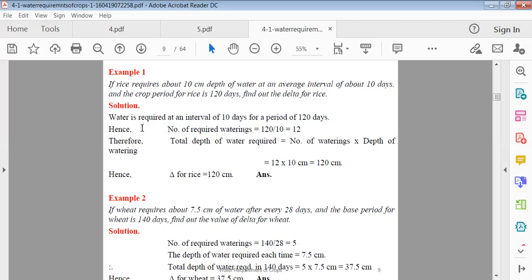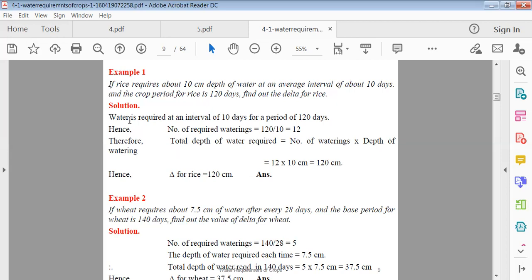In this problem, first let us check what is given. Water is required at an interval of 10 days for a period of 120 days. A 10 centimeter depth of water is given, the base period is also given, that is 120 days, and the interval is also given, that is 10 days.